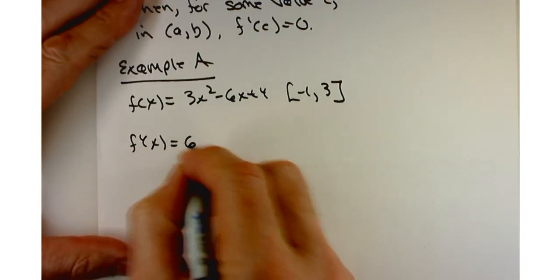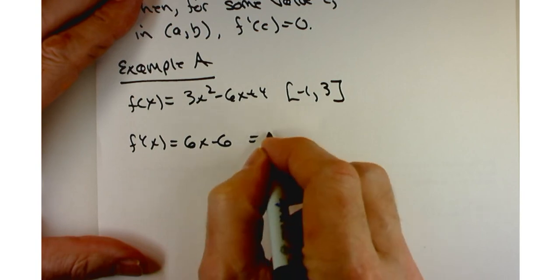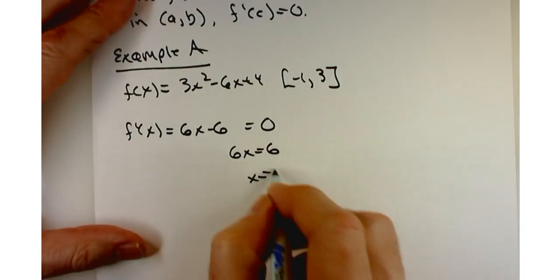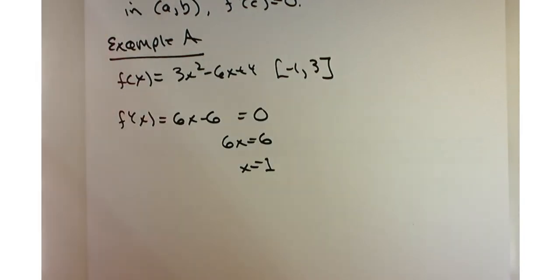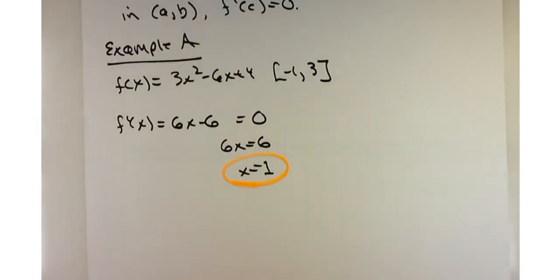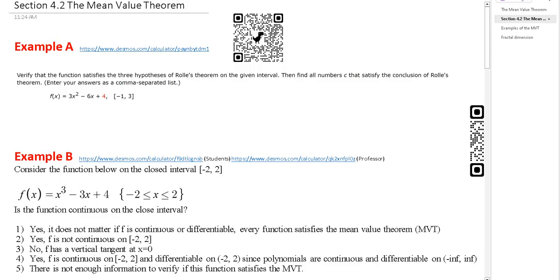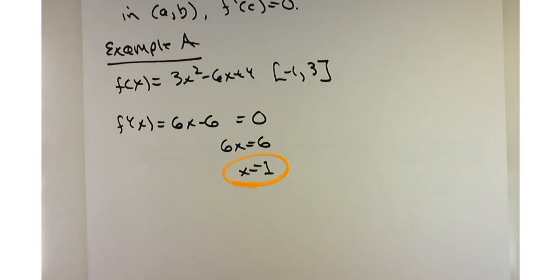That's going to be 6x minus 6, and set that equal to 0. So x equals 1 is the point that satisfies Rolle's theorem. All right, a nice result. It's not the result that we're really going to make the most use out of, but it is the result that gets us the next thing that we want, which is the mean value theorem.